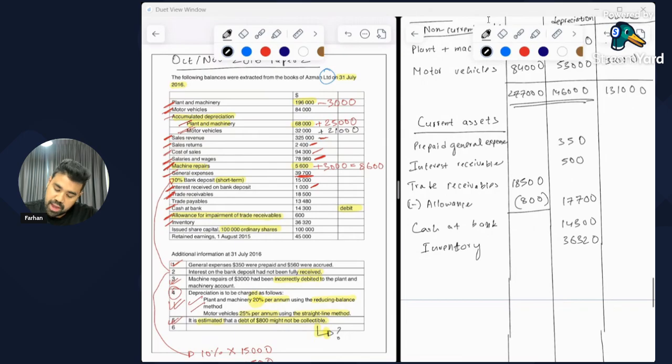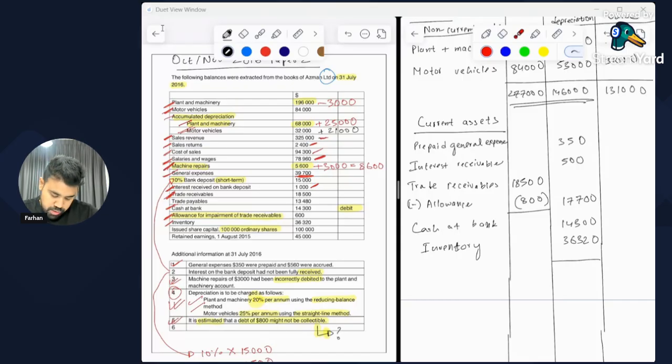All right. Okay. So let's add all these current assets and find the total current assets. So 350 plus 500 plus 17,700 plus 14,300 plus 36,320.